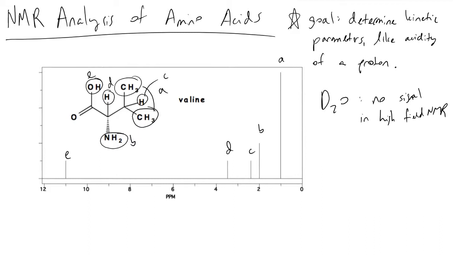And if we create a high enough molar ratio of water to D2O, what we'll find is that we're going to start seeing our peaks changing and evolving over time. What I mean by that is if we look at peak B, for instance, this amino group on our valine, these amino protons will exchange with solution.